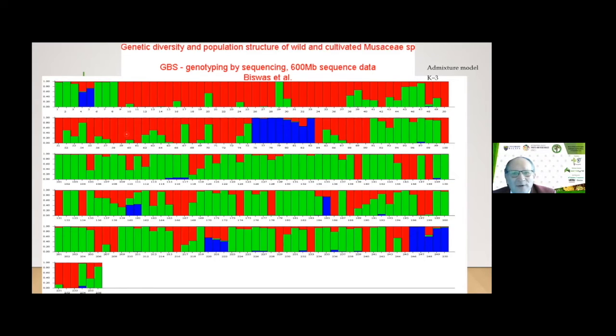So instead of a few tens of tracks on a gel, as in the last picture, now we've got 600 megabytes of sequence data from hundreds of accessions, and we can cluster those. The blue ones are the wild species, and the red and the green are showing the clustering of domesticated ones that are grown here in Ensete.